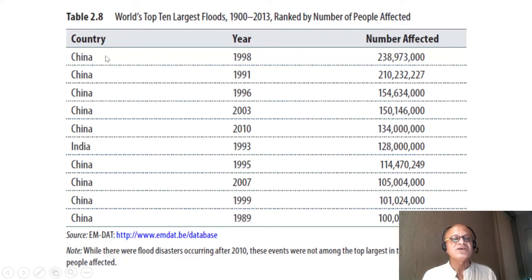Bad news again, China. Except for one year, China dominates this list. Of course, China's population problem is part of this, in the sense that the same amount of rain would cause a larger number of people to be affected because of the population density.